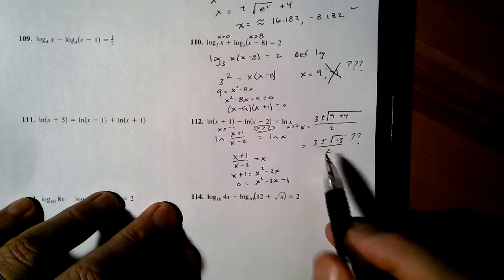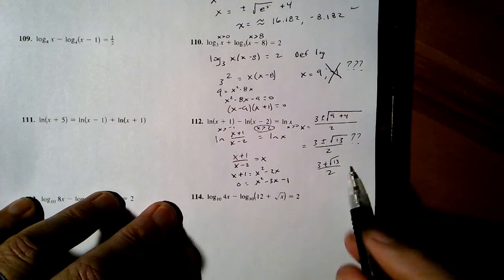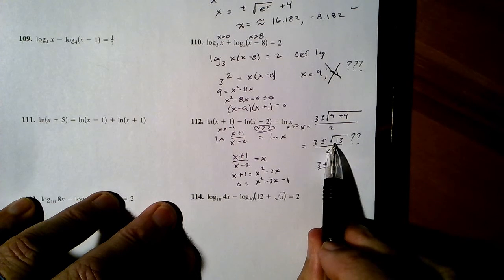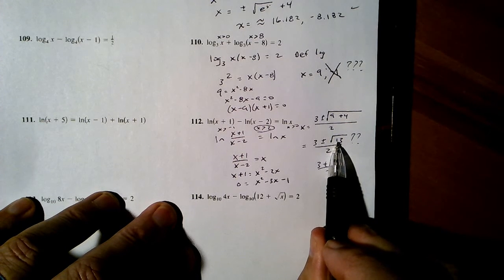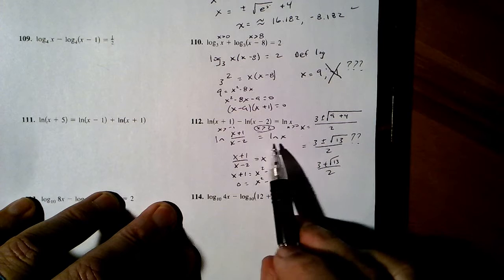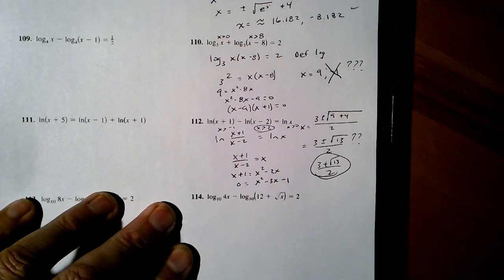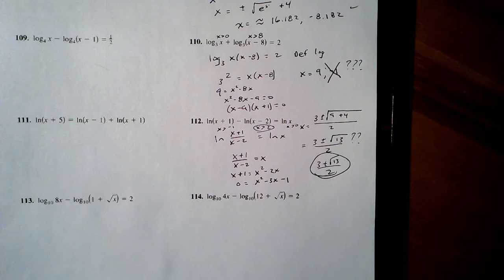That one's okay. So 3 plus the square root of 13 on 2 is okay. But 3 minus a little more than 3 is a little less than 0. And a little less than 0 divided by 2 is a little less than 0. And I can't have a little less than 0 here. That is the only solution. Got to be careful.